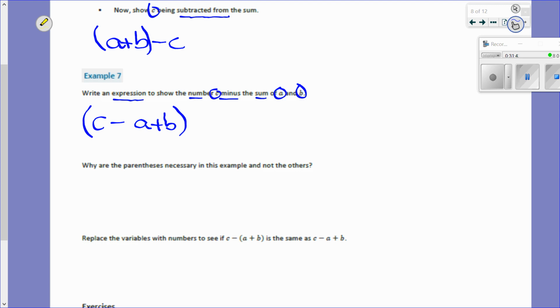Why are the parentheses necessary in this example and not the others? Because you have to add and actually get a number to subtract. Good, because I need to add first. So let's make it simple. It's really order of operations that is the reason why.